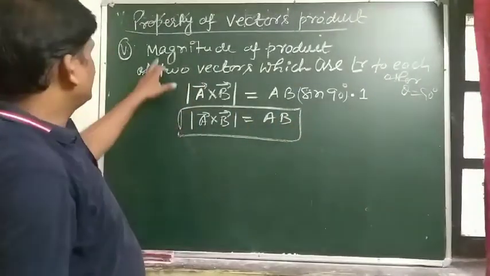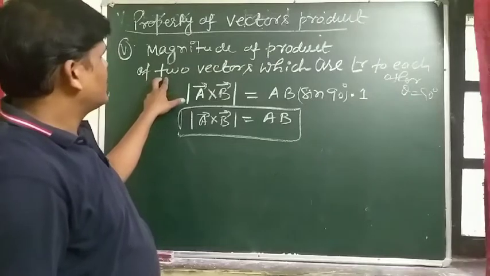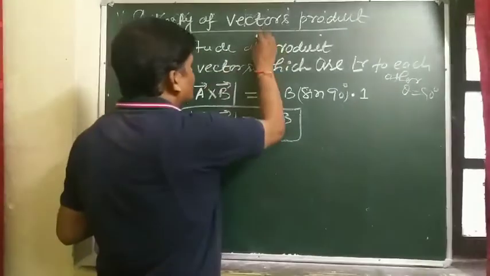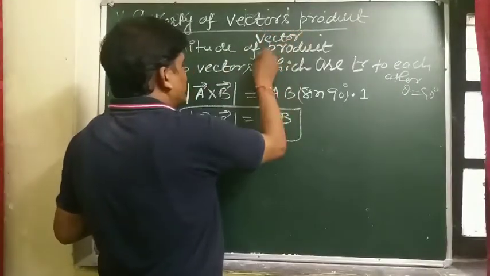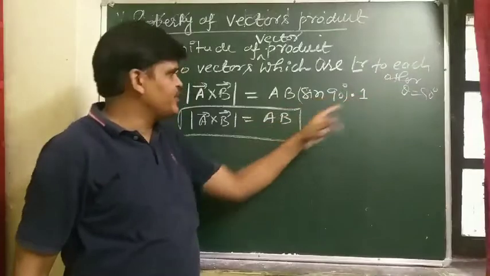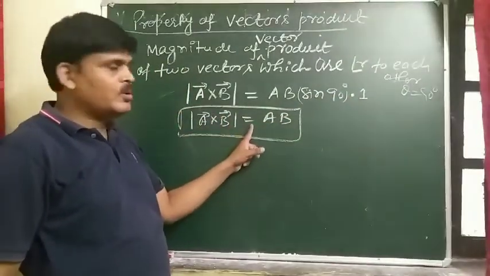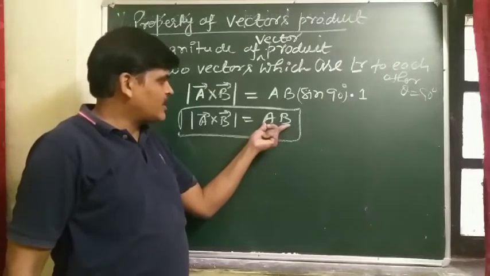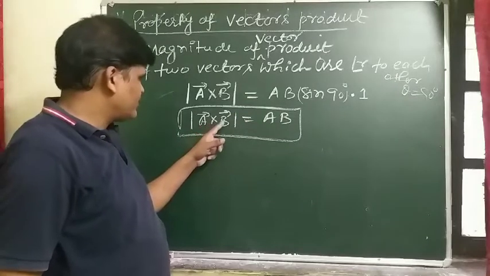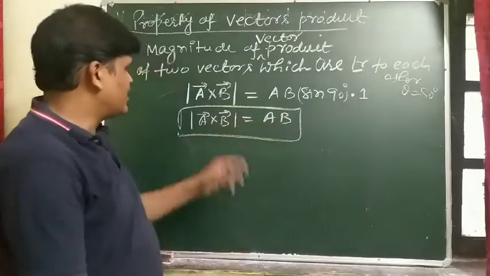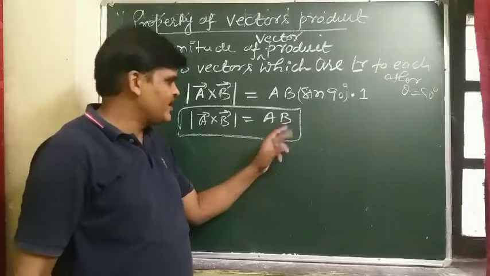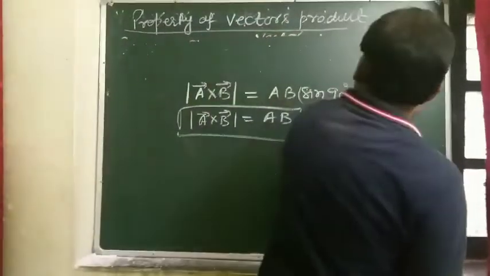It comes out that the magnitude of the vector product of two vectors which are perpendicular to each other equals the product of the magnitudes of the two vectors: mod of A cross B equals AB.